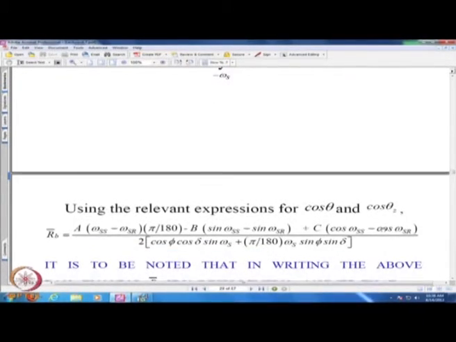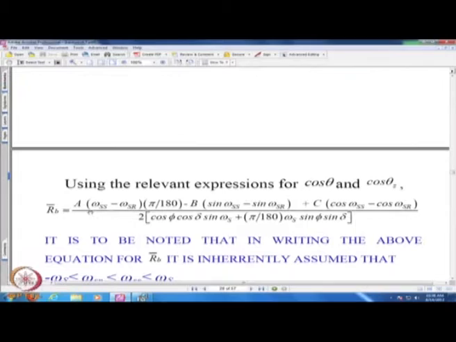But this is a very simple thing. Now, I can put down that cos theta is equal to a plus b cos omega plus c sin omega, so that the integral is a into (omega_ss minus omega_sr), b into sin, c into cos. And I have put this pi by 180 to emphasize that if omega_ss and omega_sr are in degrees, you have to use the conversion factor of pi by 180.